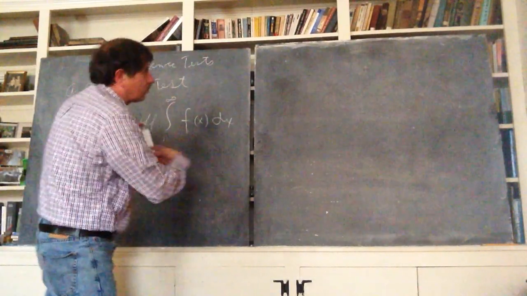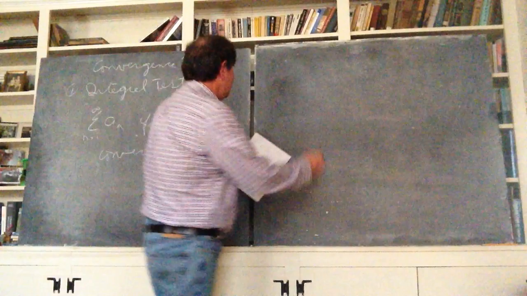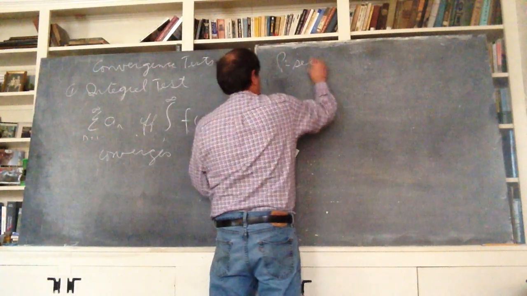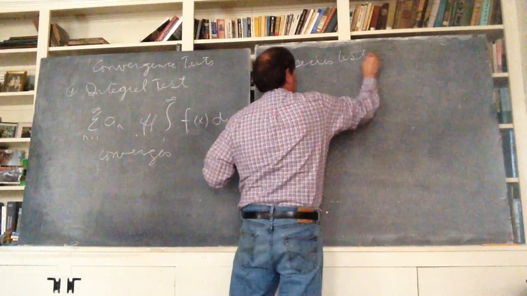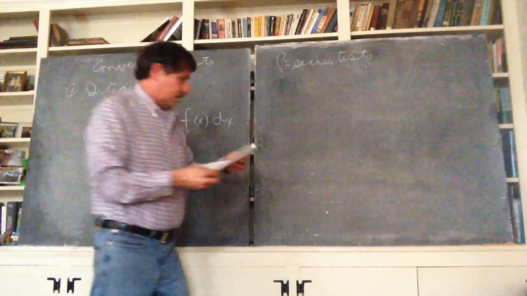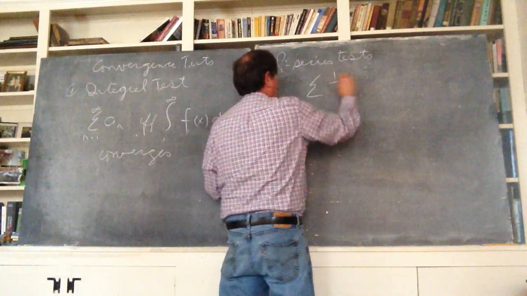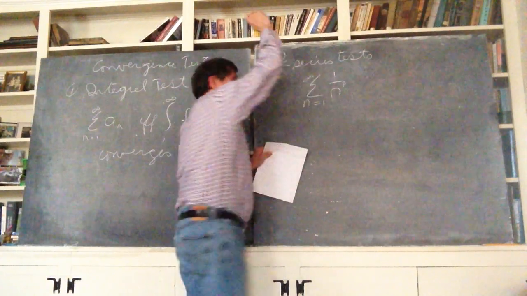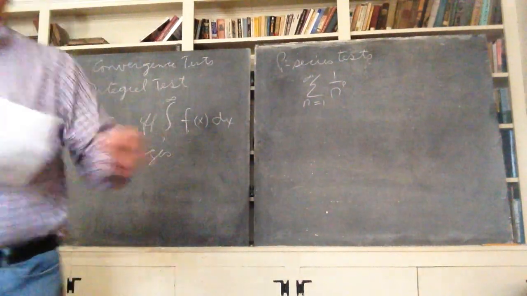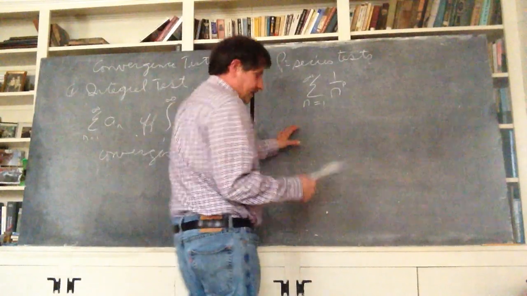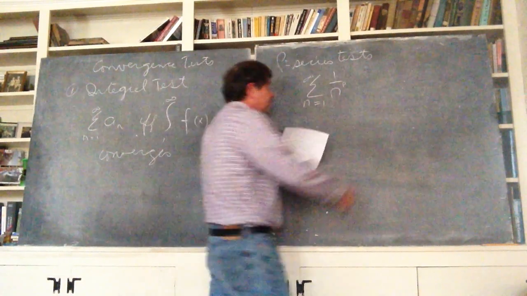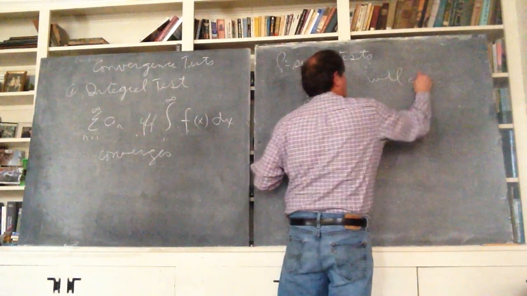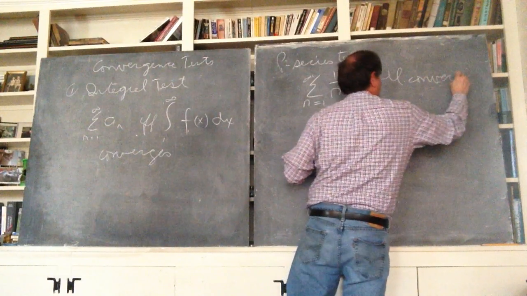Then this gave rise to the P-series test, which are flavored like this: 1 over n to the p, where n goes from 1 to infinity. And these kinds of series will converge if p is greater than 1.